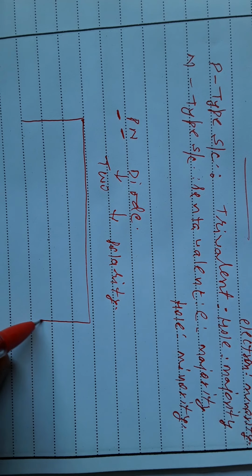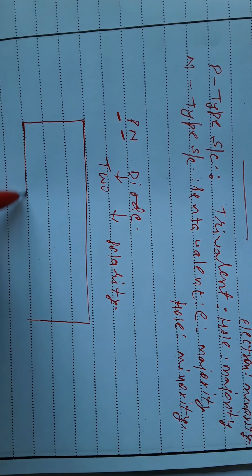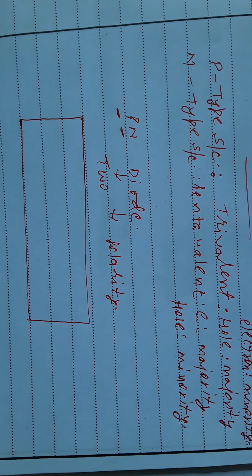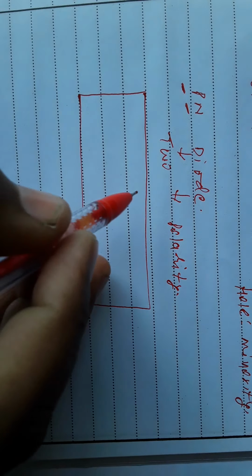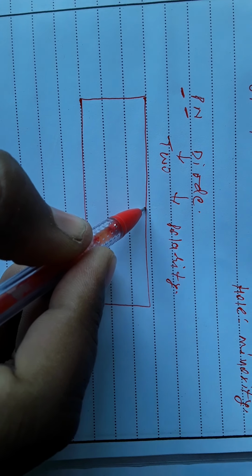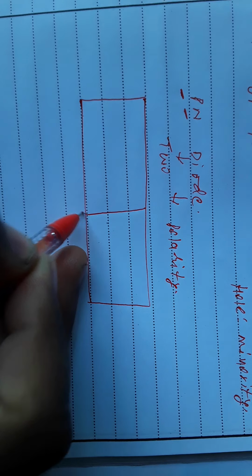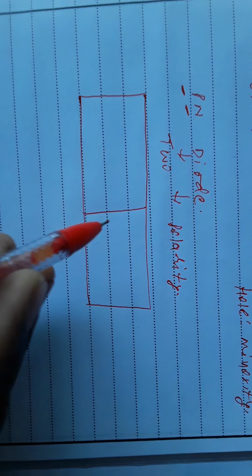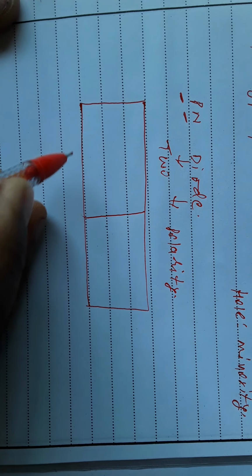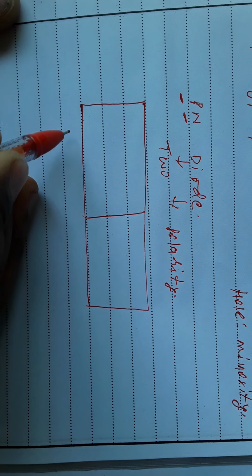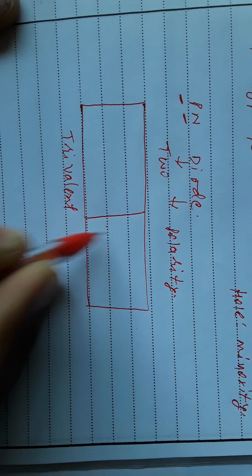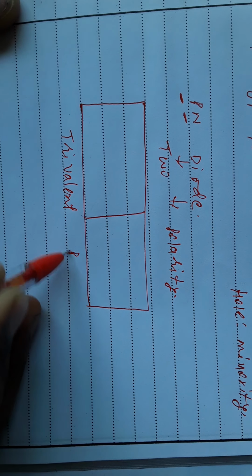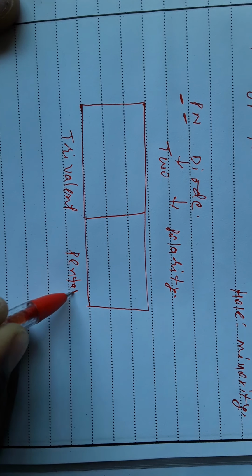Suppose this is a pure crystal of a semiconductor. This is a pure silicon crystal. On one side, we add trivalent impurities. On the other side, we add pentavalent impurities.